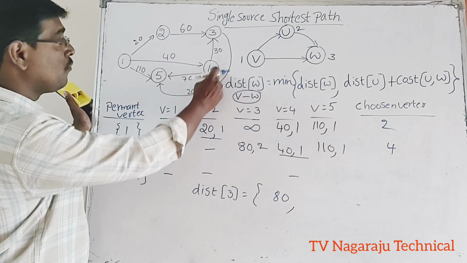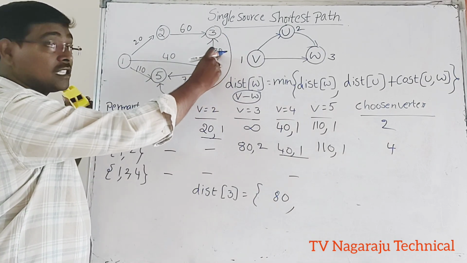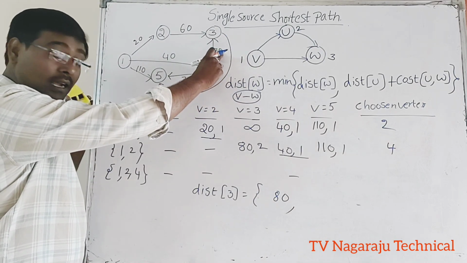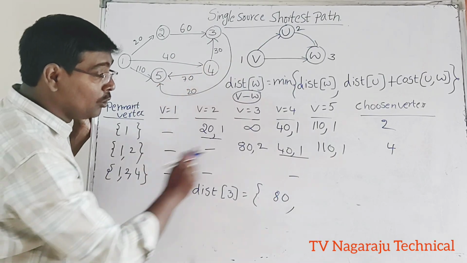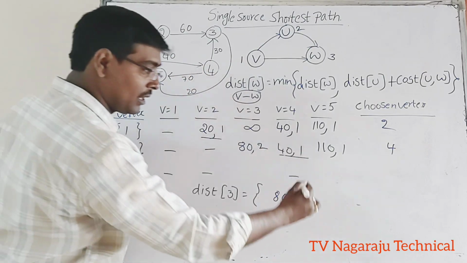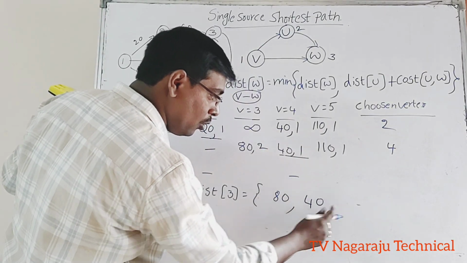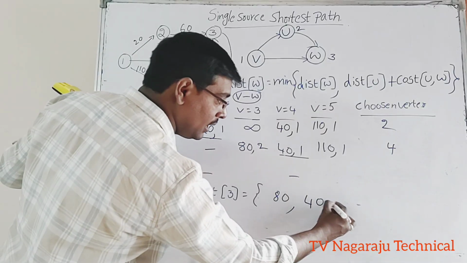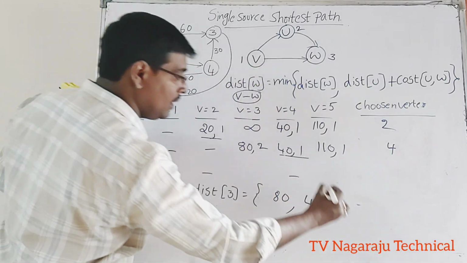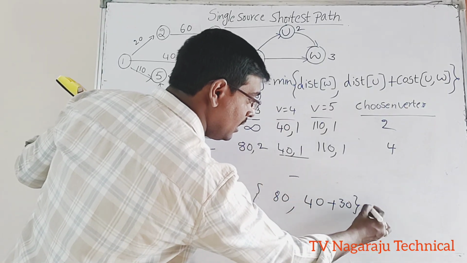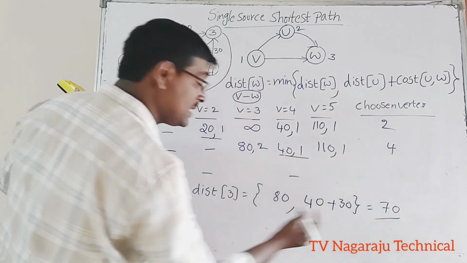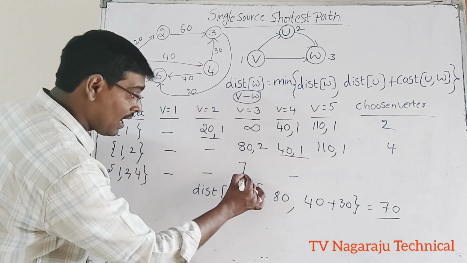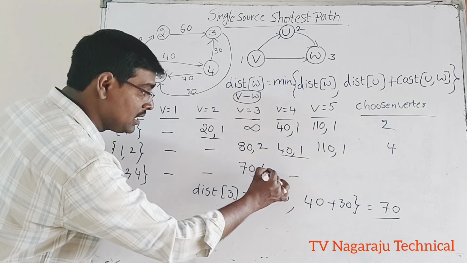Where is it here? 4 to 3, the cost is 30. Up to 4, the cost is 40. And 4 to 3, the cost is 30. Now what is the minimum value? 70. Now the value is 70, which is from 4.